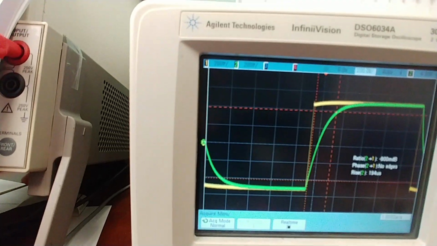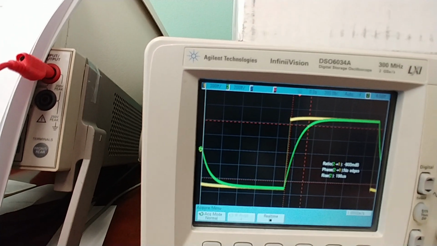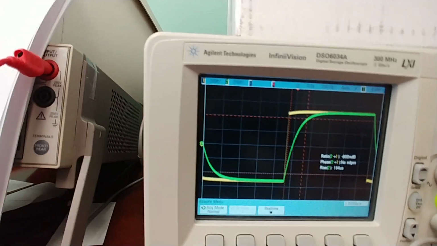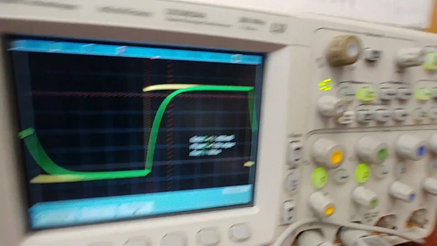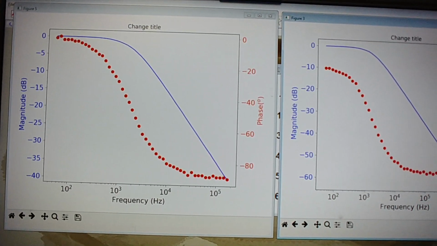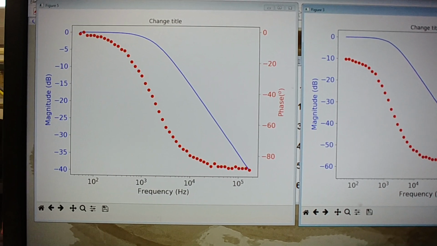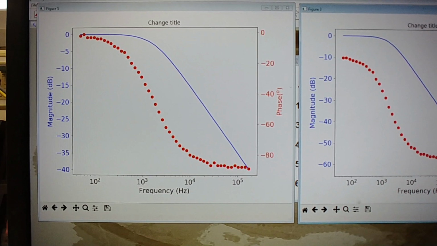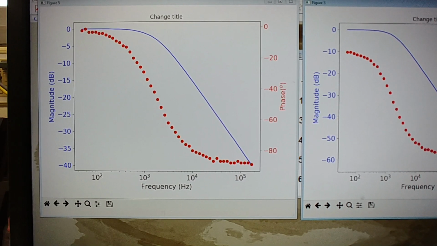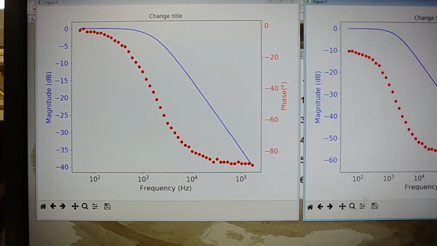When we measure with the sine wave, it's closer to just one frequency rather than a step response, which might be a little bit harder. And if we come over here and compare that to our Bode plots generated with Python, the one on the left is just around the cutoff frequency, and you can see the phase goes from about 0 to 90, and the magnitude looks like a first order.